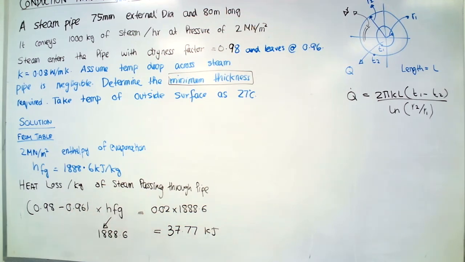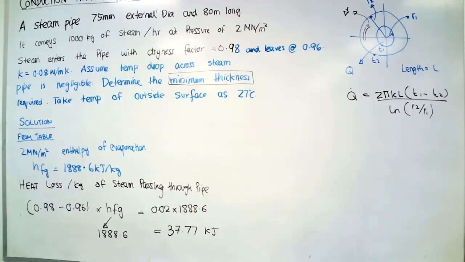So kilojoules per kilogram, it's 1 kilogram. Now you do 1,000 kilograms of the steam per hour. So we are doing 1,000 kilograms of steam per hour. Obviously this is per kilogram, so we need to multiply that by 1,000.